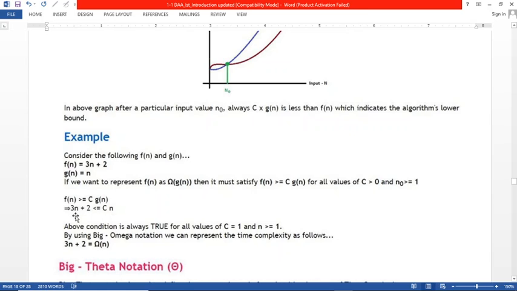So in the same way, 3n plus 2 greater than or equal to c n. Sorry, here the mistake is there. It should be greater than. Whatever the value is here, that should be greater than this value.